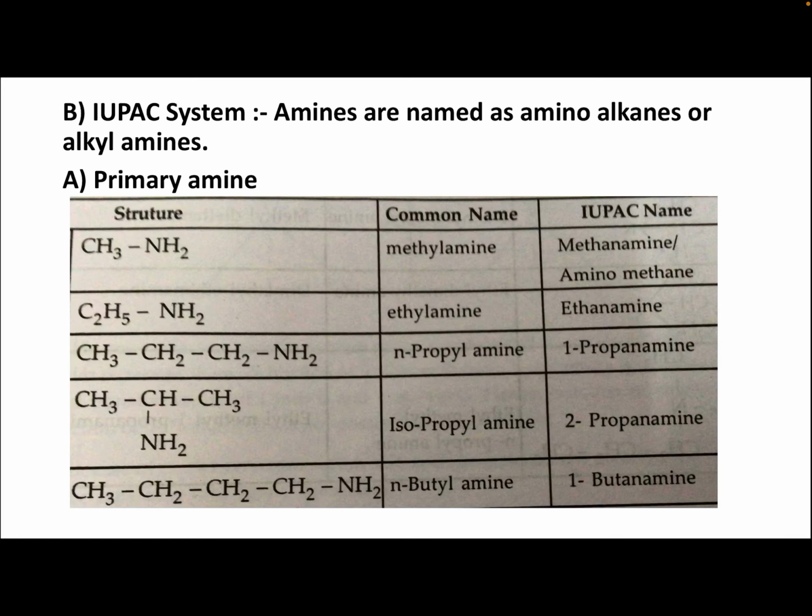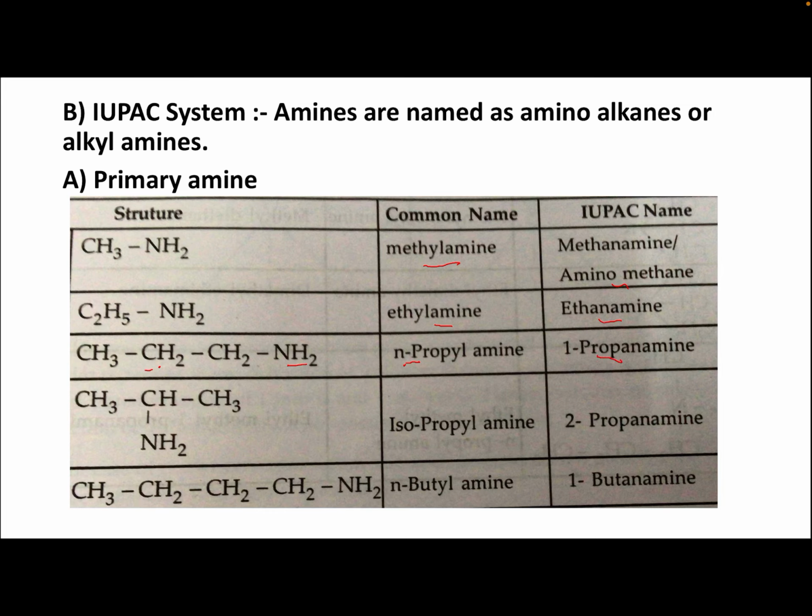Then the IUPAC system. Amines are named as aminoalkanes or alkanamines. CH3NH2, the common name is methylamine and the IUPAC name is aminomethane. C2H5NH2 is ethylamine, IUPAC name ethanamine. Then the propyl group, propylamine, with no branch, so n-propylamine or 1-propanamine.